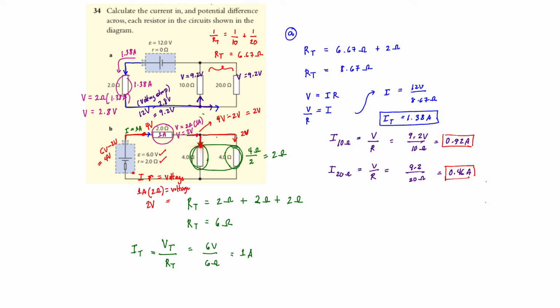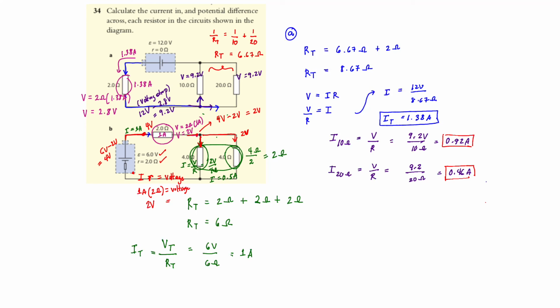And then here we have the same voltage since they are parallel. What's now the current here? The current here is simply V over R, and that is simply 2 volts over 4 ohms. And same with this one. And so the current now is 0.5 amperes.